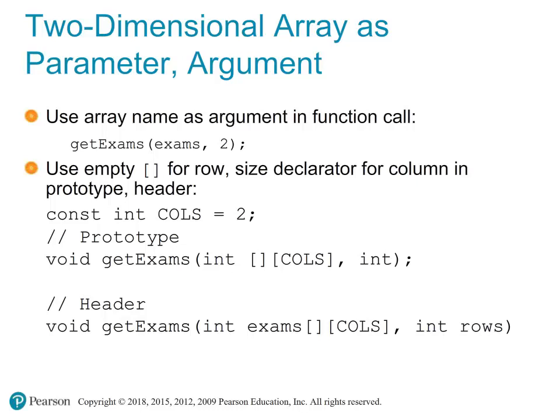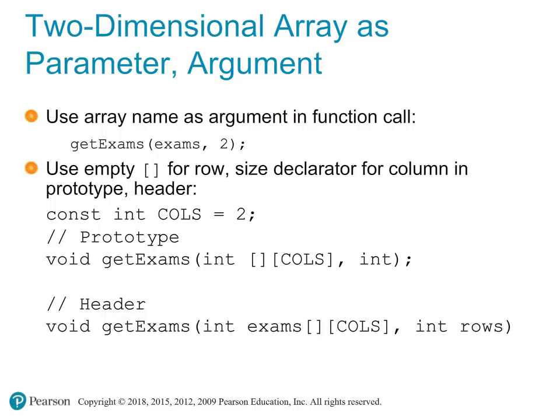So this is the function prototype, and we don't really need to specify the argument's name. In the header, we need to specify the argument name. So the first is the two-dimensional array. The name is exams. The second integer argument is rows.